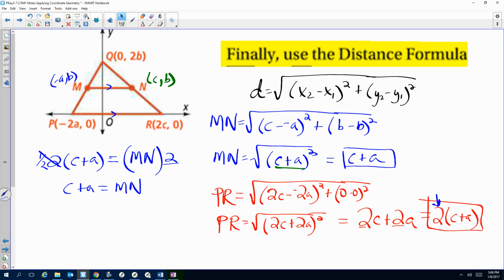So I'm now showing you that these two are parallel and that half of PR equals MN, which is what we were trying to prove. And so that's our final step. Our final step is always seeing that at least one is double the other, because this would be like a coefficient of 1. And if we see that, then I know that's definitely a midsegment. So that takes care of problem 12.